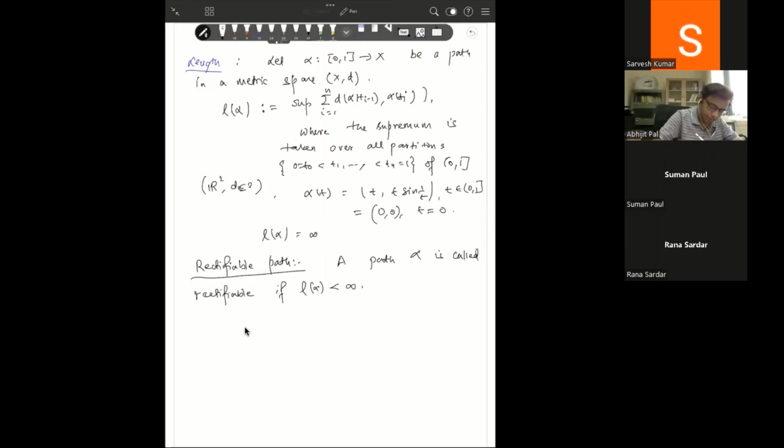And now the definition of geodesic is given to be: X is a metric space, and let us take two points. A map from this interval to X, so alpha of 0 is x, and alpha of d(x,y) is equal to y.